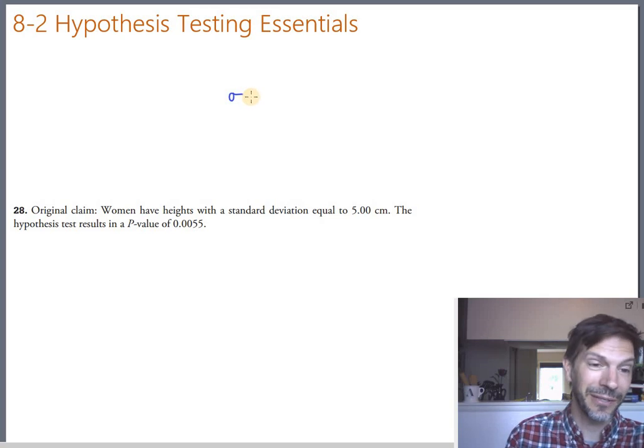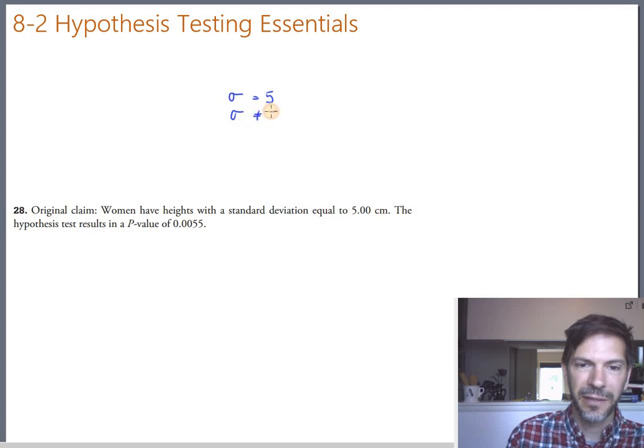It's sigma. It's Greek S. So women have heights with a standard deviation equal to 5. The opposite of that claim would be the standard deviation is not equal to 5. The null is going to be the one with equal sign. The alternative is going to be the one without the equals in it.